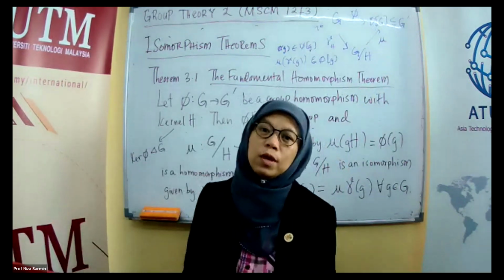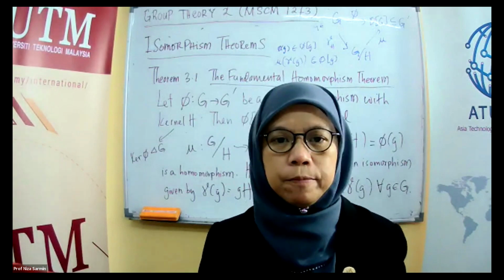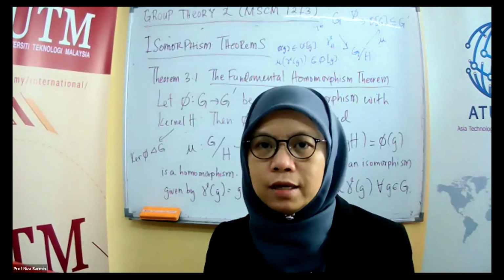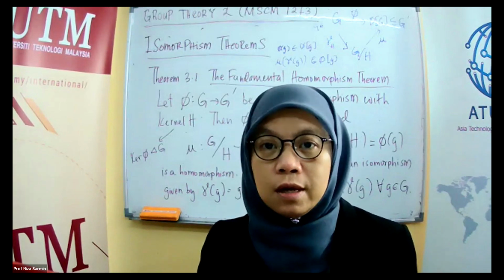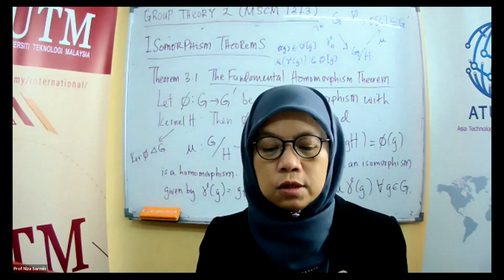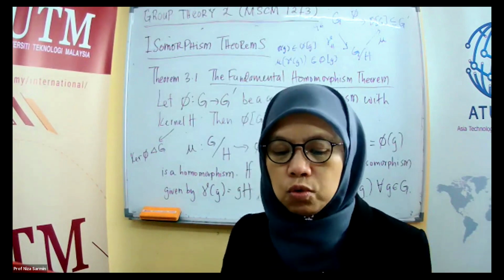I will give you one example. Okay, later they use this. So I will not go through the proof line by line, but it's given there. You are supposed to go through the proof. So first, I define the mu.